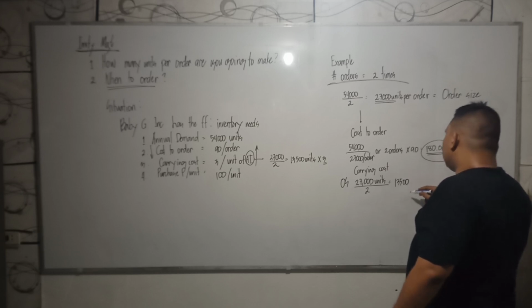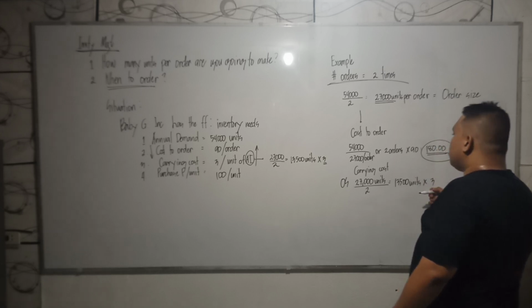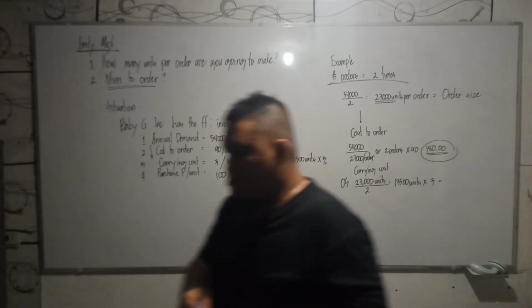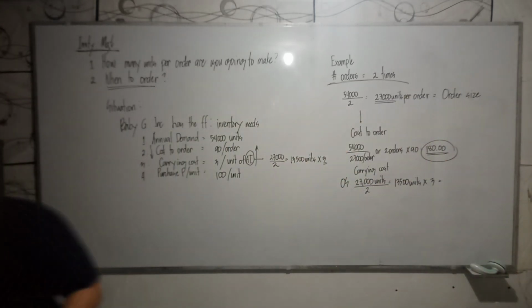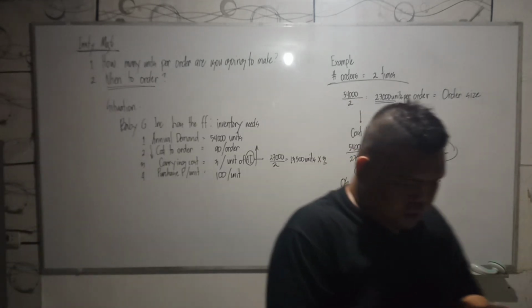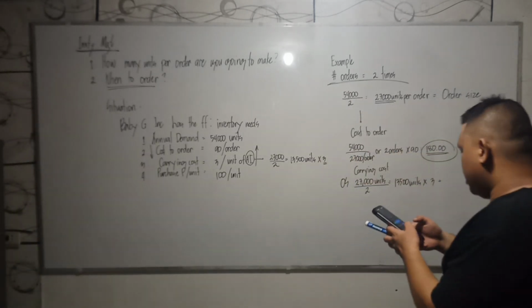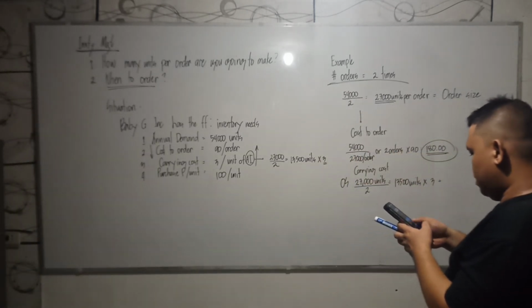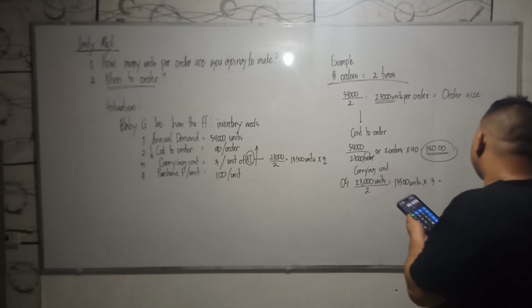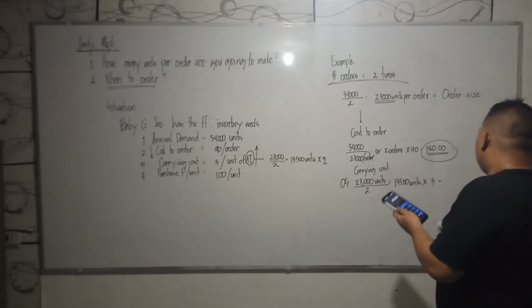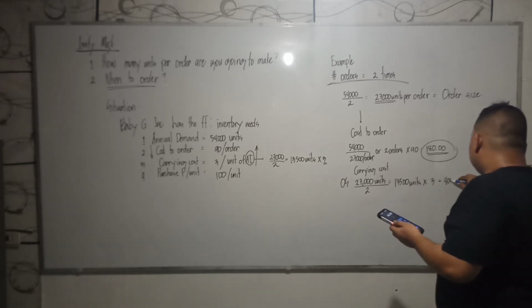Okay? So 13,500 units as the average inventory times the carrying cost per unit. So let's use the calculator. 13,500 times 3. You have 40,500.